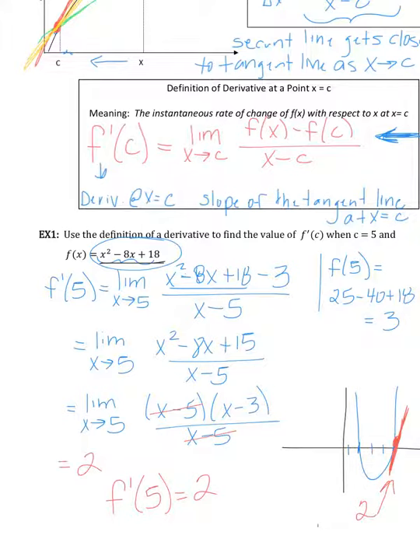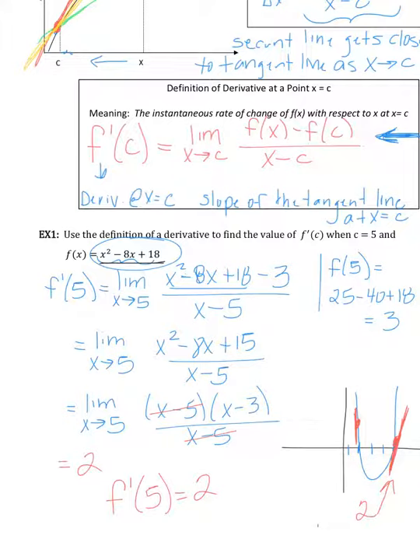Think about this: if I did the slope over here at 1, the slope at 1 is going to be negative because of how it's drawn. So that's what it means. When you're finding the derivative, you're finding the slope of the tangent line at that point.